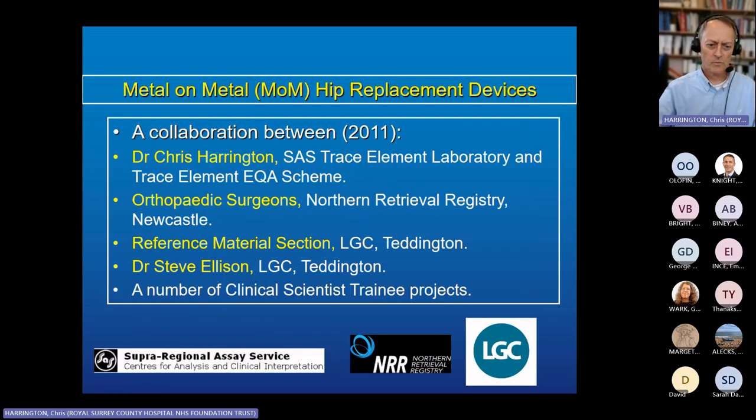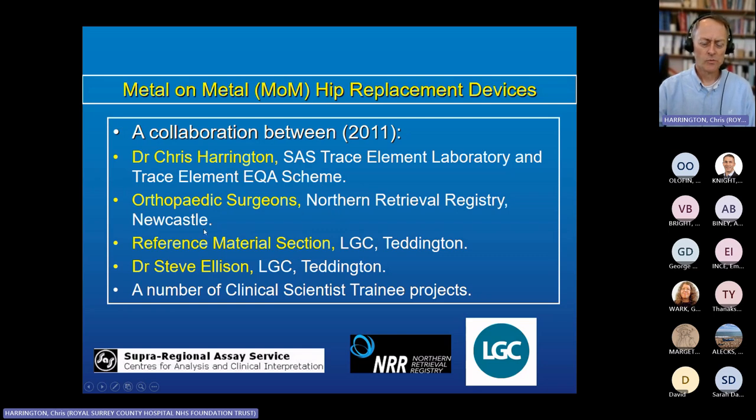So I thought I'd talk about some work that I started quite a long time ago now, 2011, and this was all around metal on metal hip replacement devices. This was a collaboration that kicked off then between myself and my predecessor, Dr. Andrew Taylor. We were based at the Trace Element Lab, and we also used in this collaboration some of our knowledge of the EQA scheme.